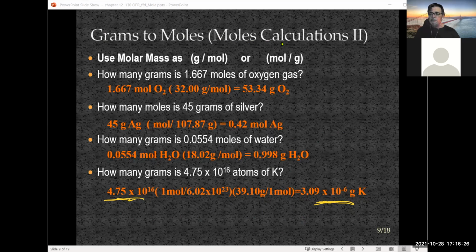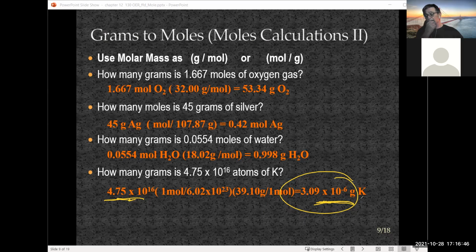But the weight for that large number of atoms is extremely small, 10 to the -6. Most balances you find, average balances in the labs, cannot measure that accurately.